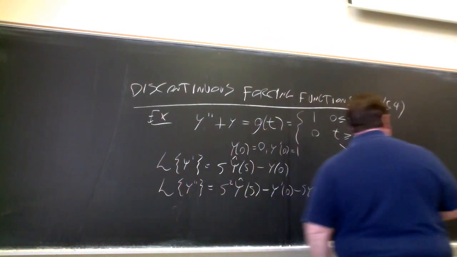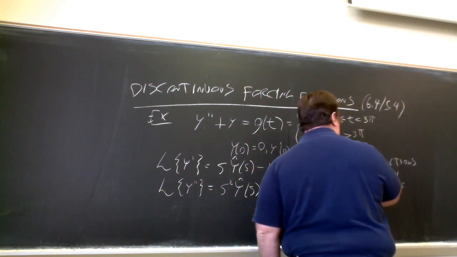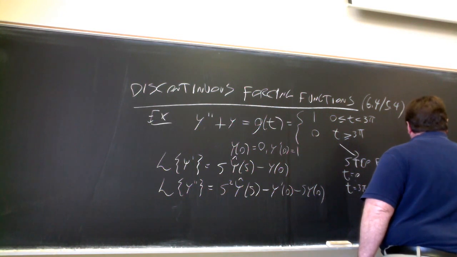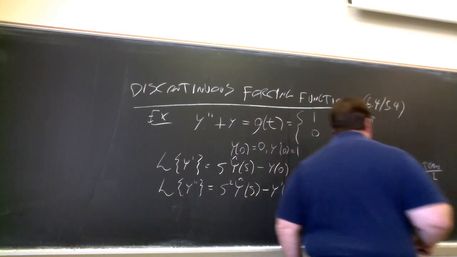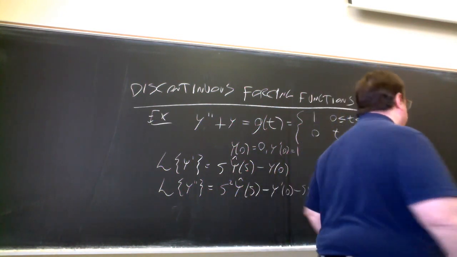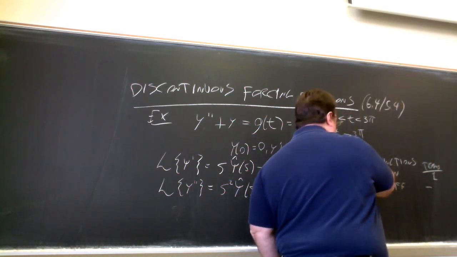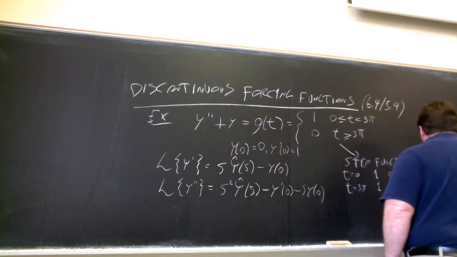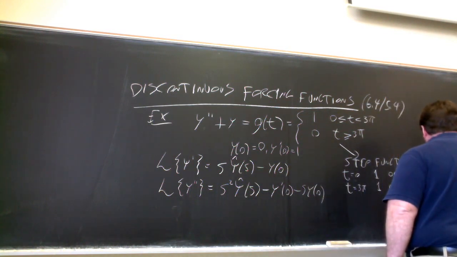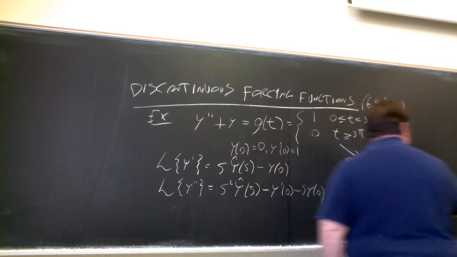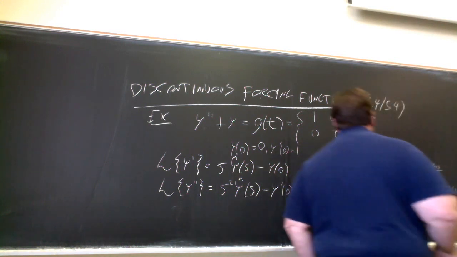So the term it's going to give you here is, at t equals 0, you don't need a step function. So you just have 1. And then to turn a function off, you need a minus. And then, because you're turning off at 3 pi, you need the step function at that point. So use u 3 pi of t. And then the function you're turning off, which in this case is 1.